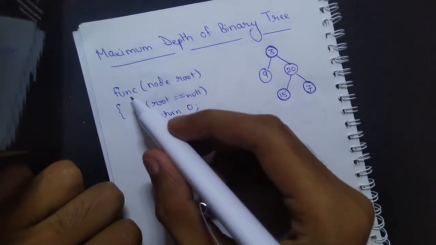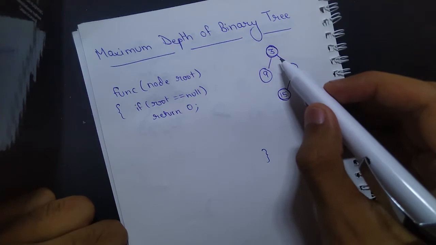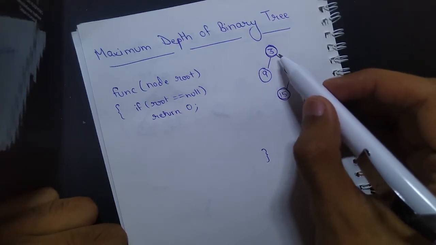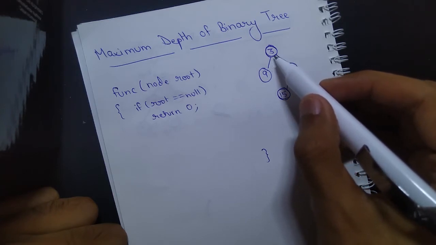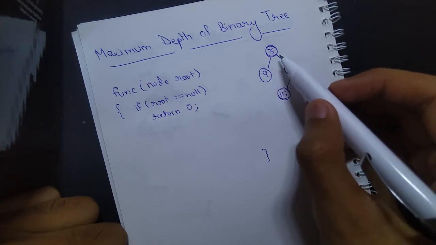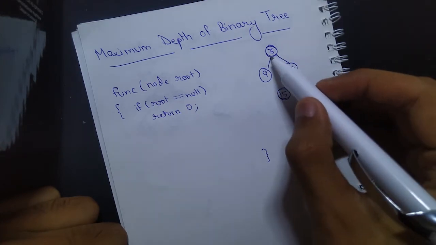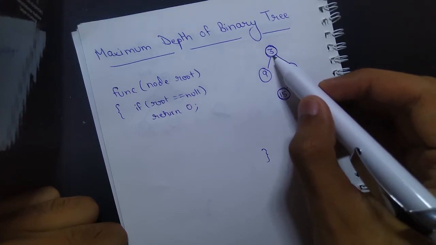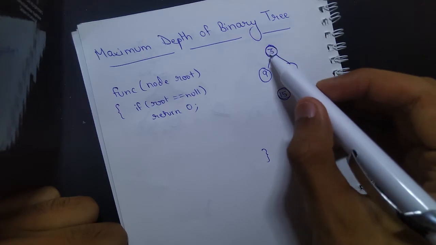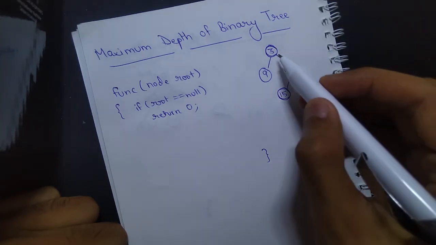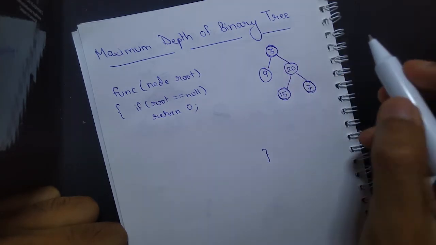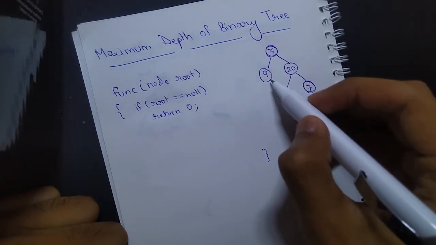What we are aiming for is, when this function is called for any node, that node should return the height of the tree, or the number of nodes below it in the longest path. So if we are calling this node, it should first count itself, that is plus 1 for itself, and then add it to the longest path below it from either the left side or the right side, whichever is the longest. So from the left it will be returning 1.